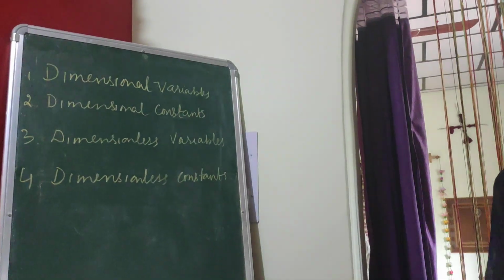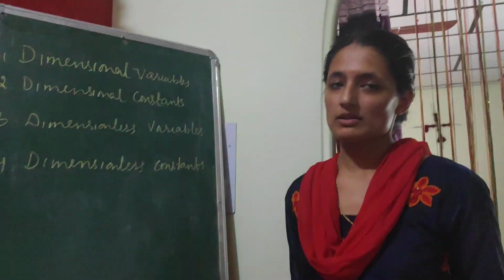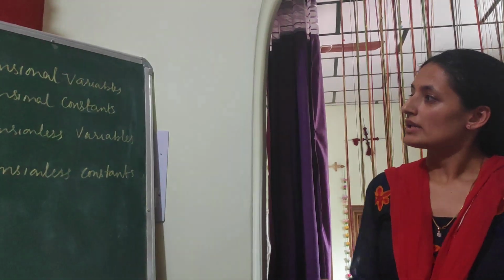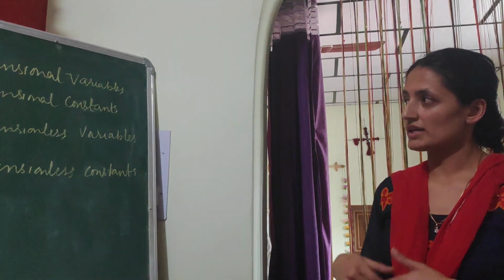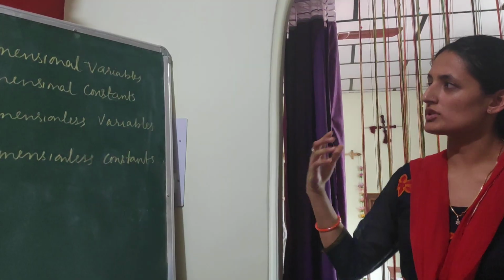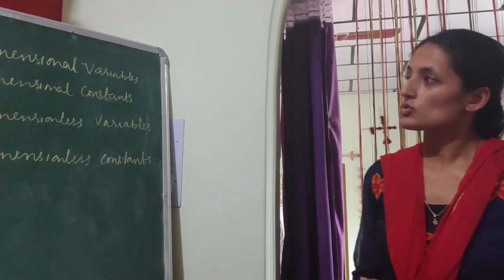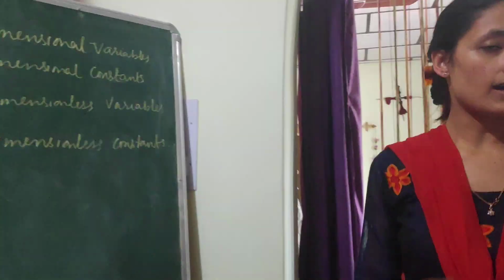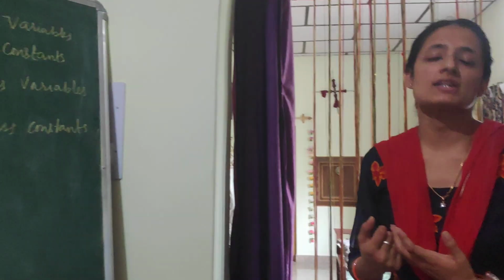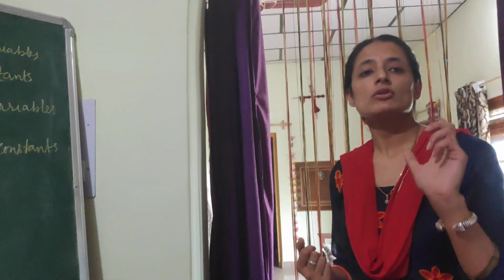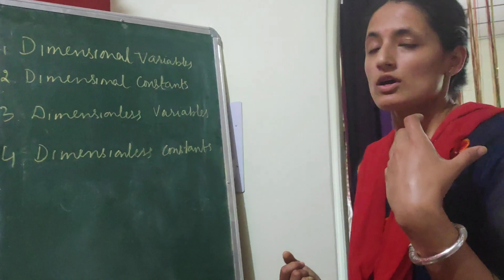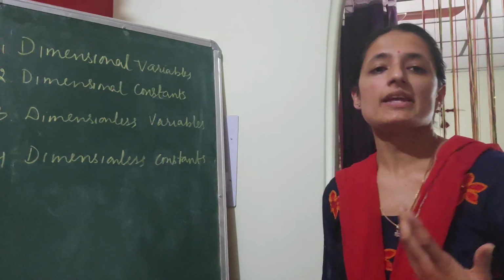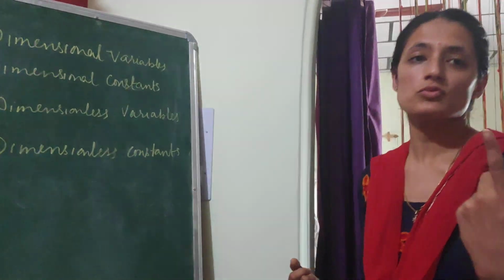From the name itself it is clear what dimensional variables are. Variables are physical quantities that do not have a constant value, that can change. For example, x, y, z. There are some variables that have dimensions, for example, area, volume, force, velocity, etc. When you apply a force on a mass of 1 kg and produce an acceleration of 1 meter per second square, then your force is 1 Newton.